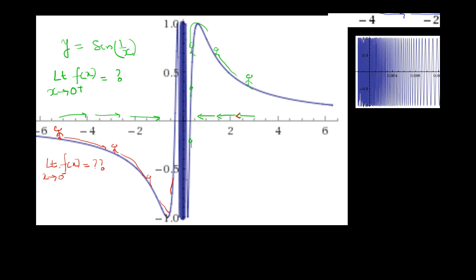Now let's see the same graph, only thing here the values are very small as we are approaching 0. This is 0.01. So this is what's happening. This is the right hand side. The person is climbing, he's coming down, he's climbing, he's coming down. As x is approaching 0, he keeps on doing this.